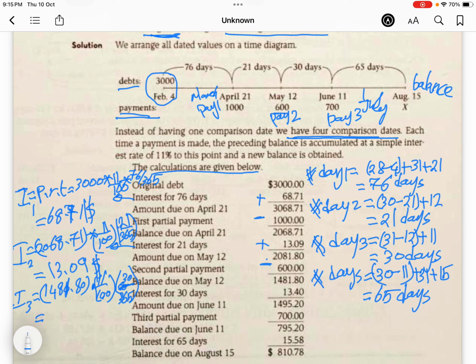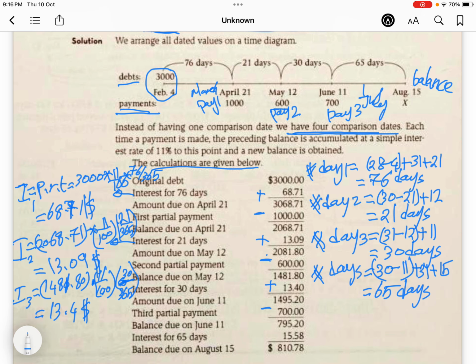Let's calculate it: 1,481.80 multiplied by 11 multiplied by 30 divided by 36,500. You will have $13.40. Add it to 1,481.80, then subtract the third payment, and you will have 795.20.